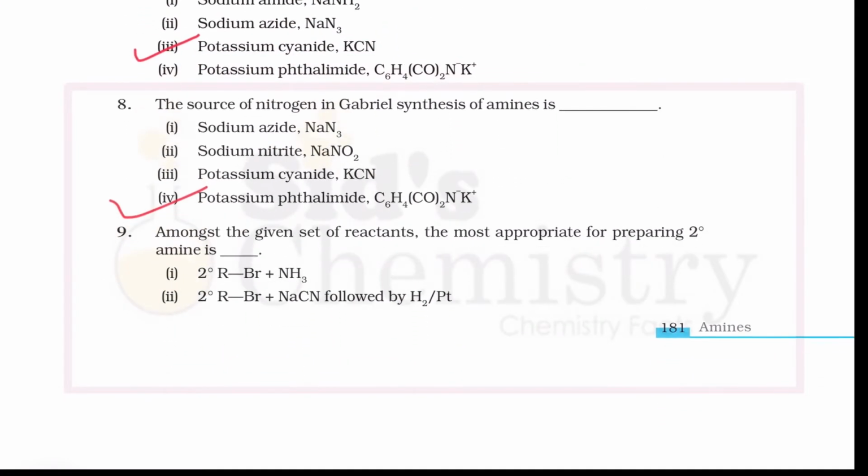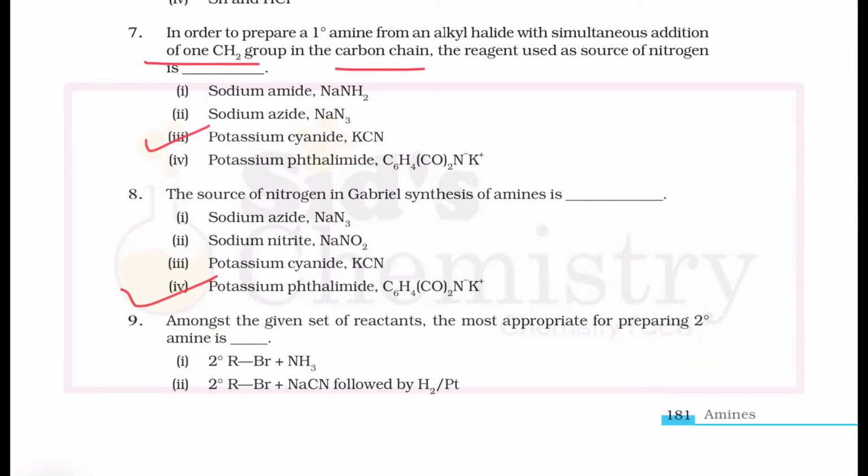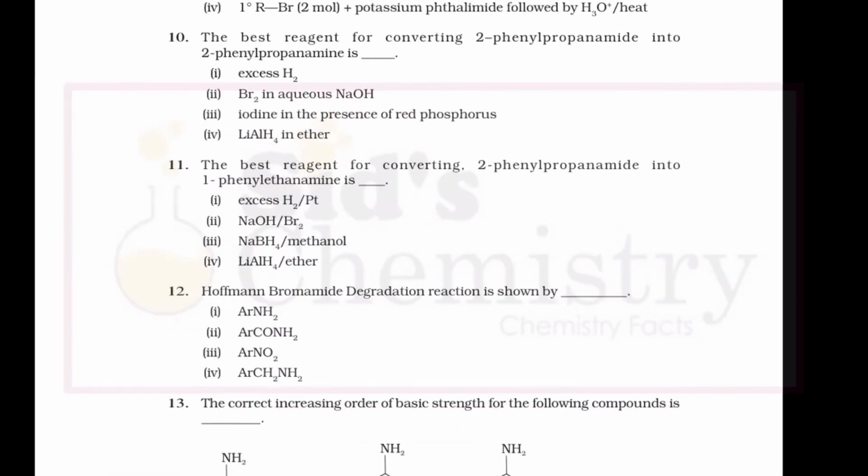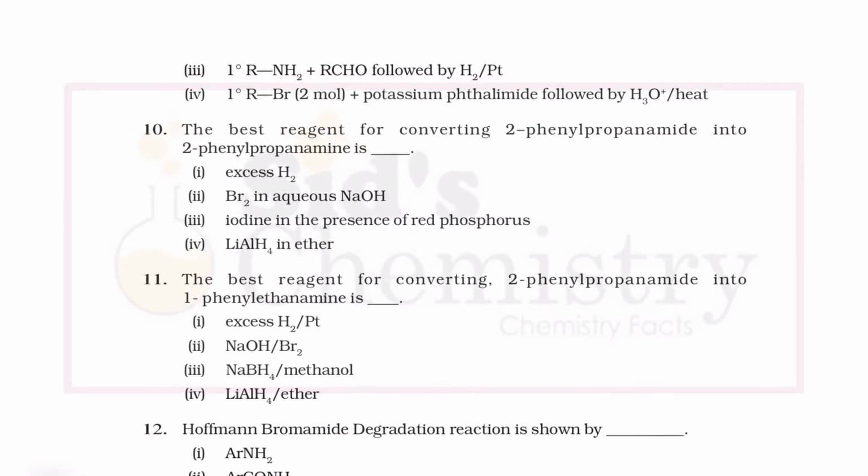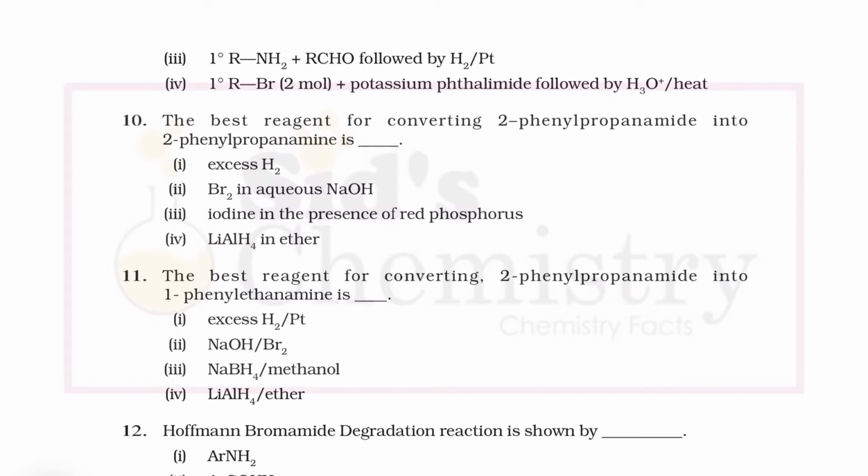Now coming to question number 9. Among the given set of reactants, the most appropriate for preparing a secondary amine is, option 1, secondary RBr plus NH3, number 2, secondary RBr plus NaCN followed by H2/Pt, number 3, primary RNH2 plus RCHO followed by H2/Pt, and number 4, primary RBr 2 mole plus potassium phthalimide followed by H3O+ and heat.